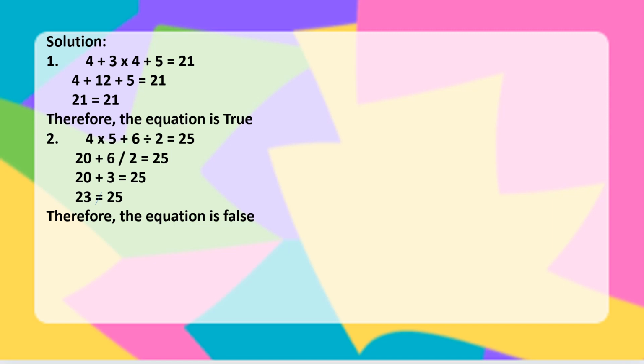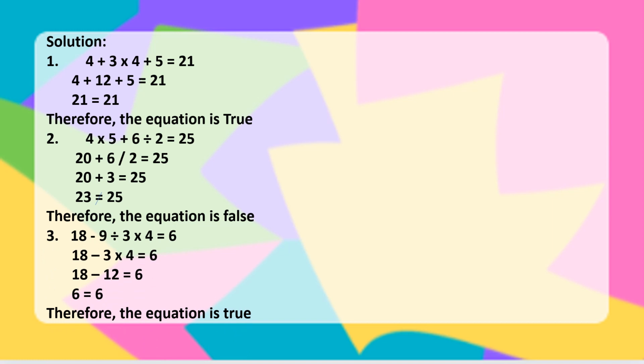We need to add or divide. Okay, correct. We need to divide first. So 20 plus the quotient of 6 and 2, which is 3, is equal to 25. Okay, then get the sum. 20 plus 3 is 23. Is 23 equal to 25? Okay, no. So therefore, the equation is false.